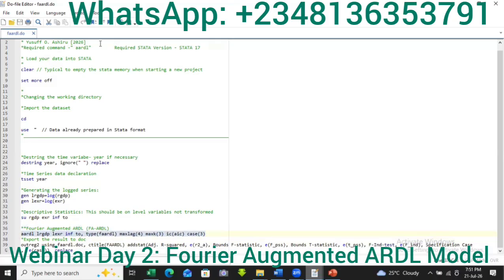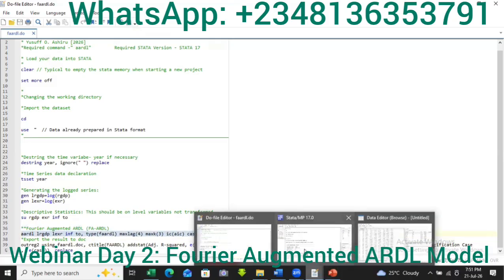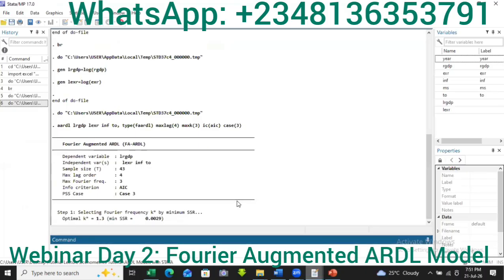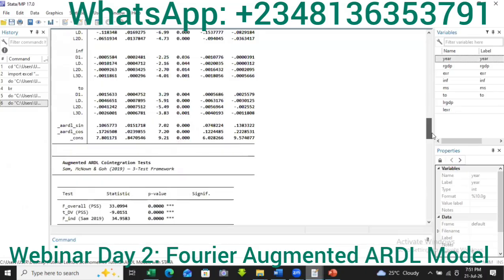If I run this, wait. Here you can see we have the Fourier terms. For sine, it is significant, and cosine is also significant. It means that these Fourier terms are very important to be included in our model.